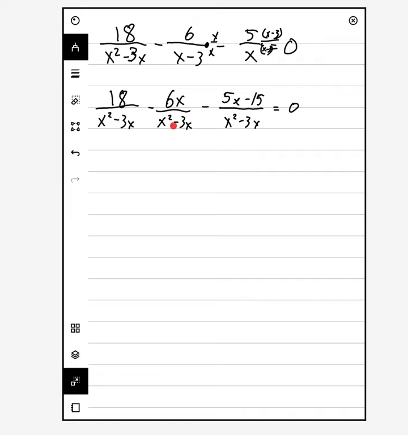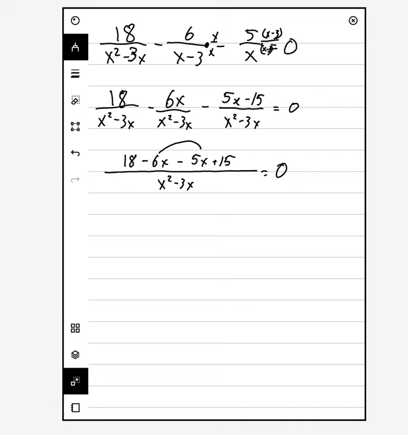All right, now that it's all over the same denominators, we'll just make one big fraction. And let's rewrite it. 18 minus 6x minus 5x. Now is when we add this and this together. So that becomes plus 15 all over x squared minus 3x equals 0. Okay, then let's combine all those similar terms.